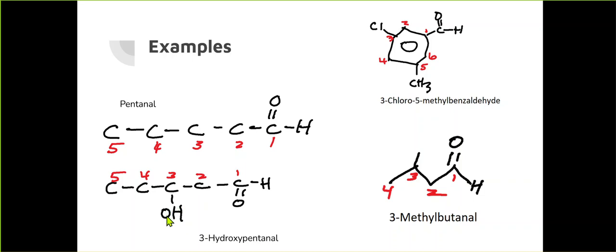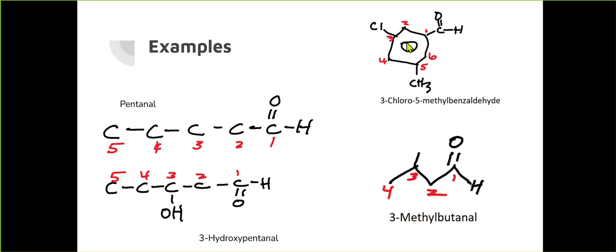Here you've got a hydroxy group on this, but again, remember that you start counting at this end. So this becomes 3-hydroxypentanal. And this hydroxy group is on that 3rd carbon in that chain.